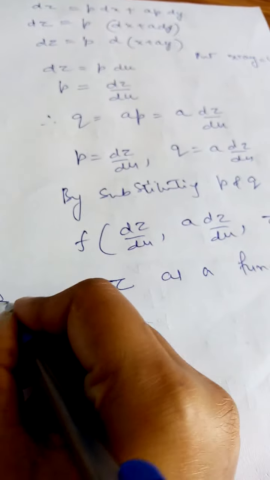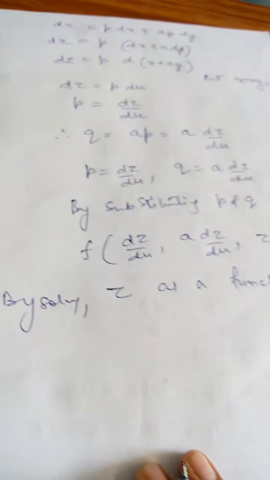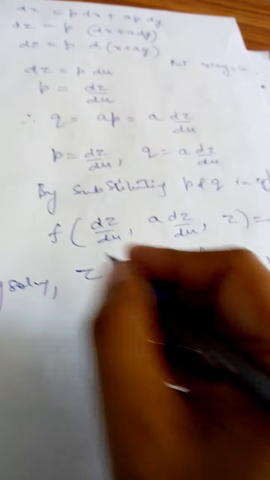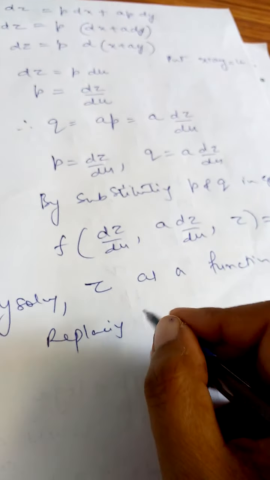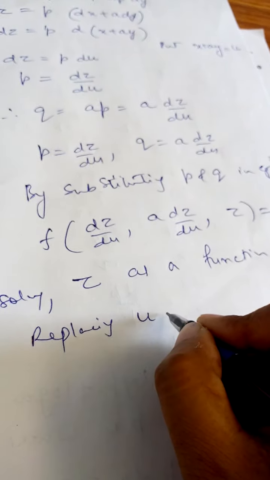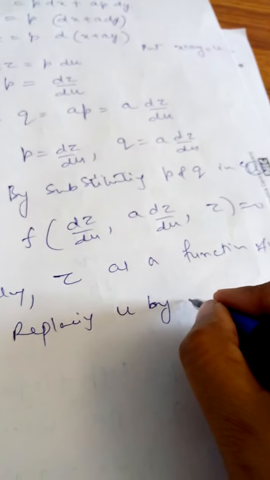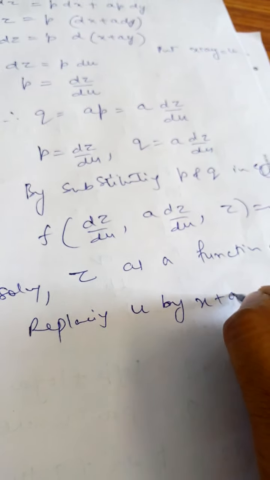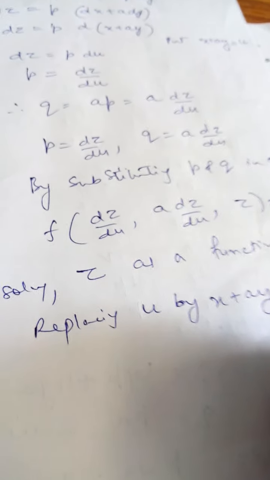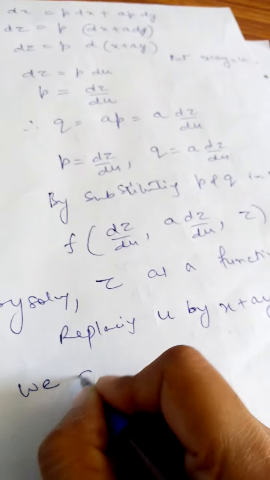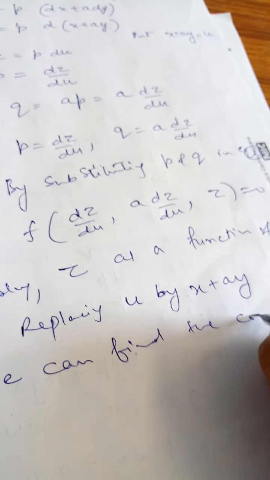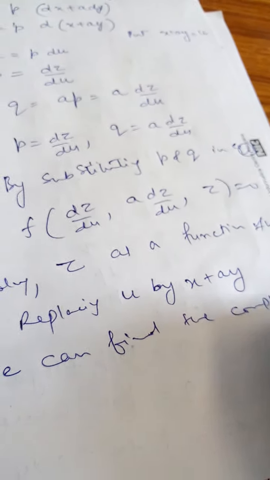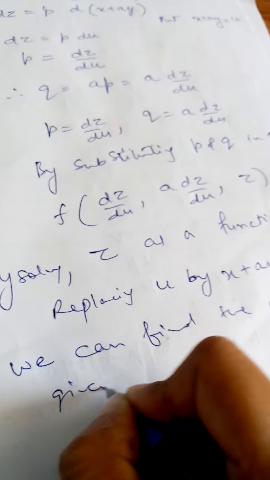So at the end, by reaching the actual solution, we will replace u by its value, that is x plus a y, and we can find its complete integral. In this way we can find the complete integral of our given equation.